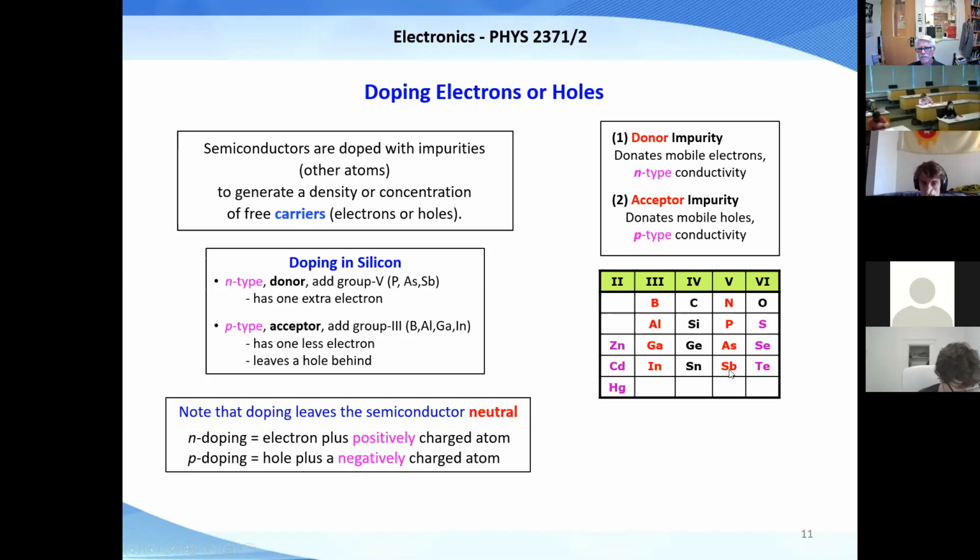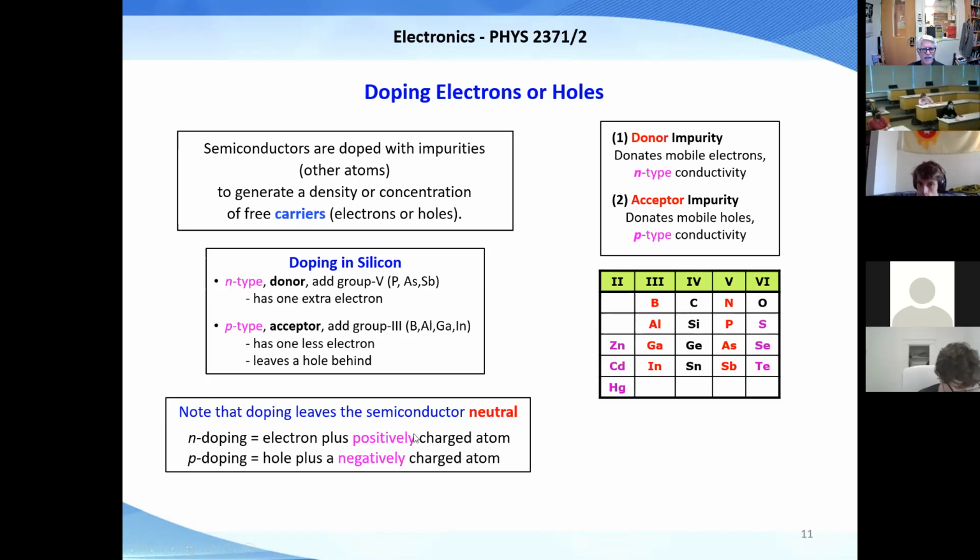If I put, say, an antimony atom in, it's uncharged. It has a certain number of protons and the same number of electrons. So when I put that in, you get an extra electron, but still the whole piece of stuff is neutral.